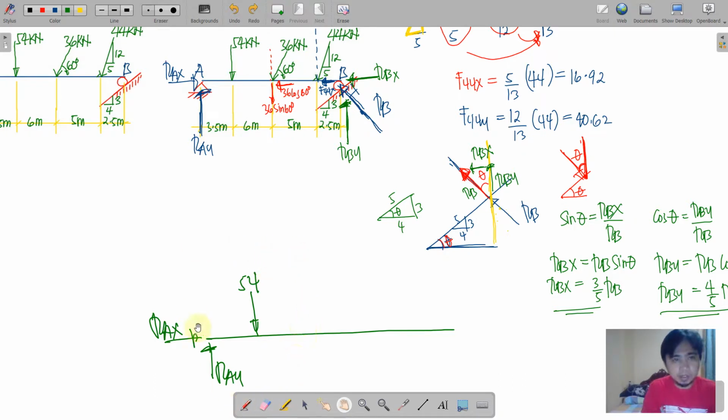So we have an 18. I'll just indicate that in red because these are components. We have here 18, or 36 cosine 60, and then 36 sine of 60 is 31.18 going downwards.